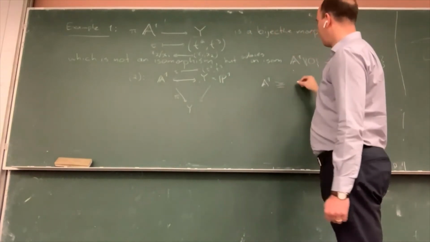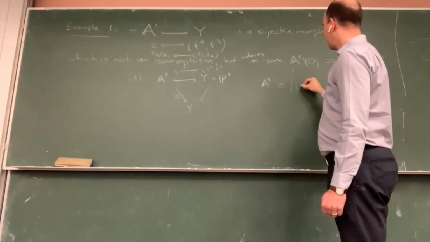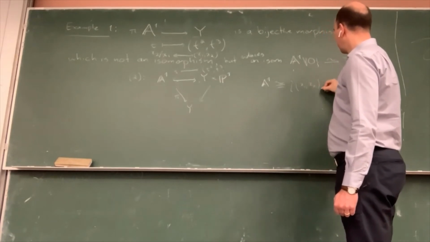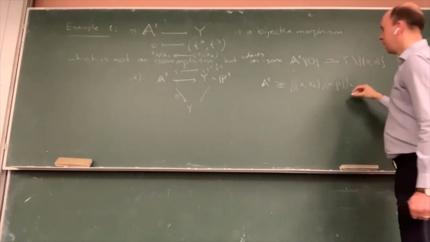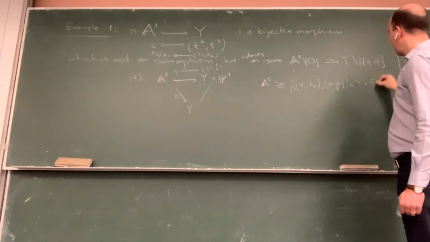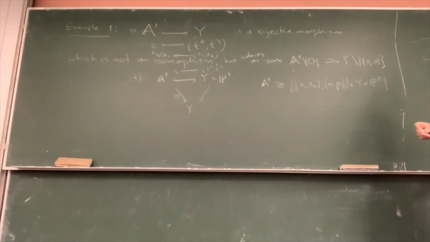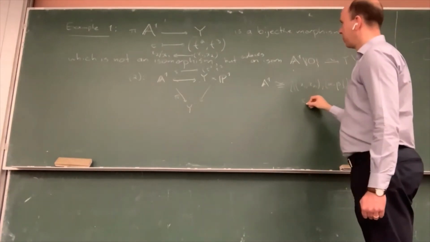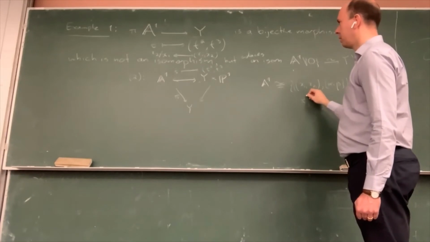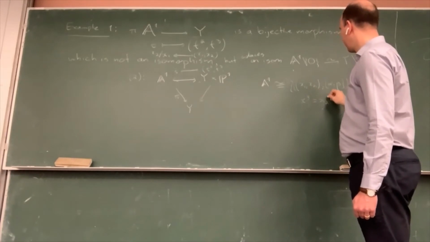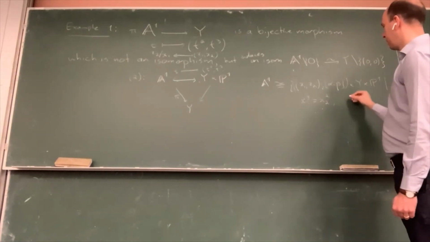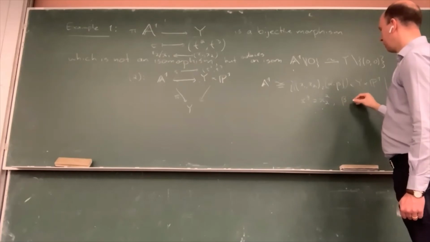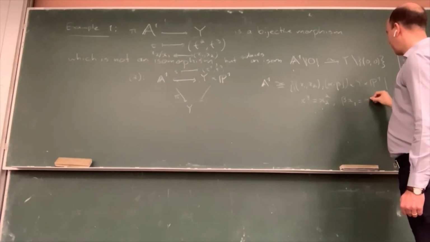So what I want to say is that A1 is isomorphic to the points x1, x2, alpha, beta in Y cross P1, such that, so we've got the equation for Y, which was x1 cubed equals x2 squared. And we've got the equation that beta x1 equals alpha x2.